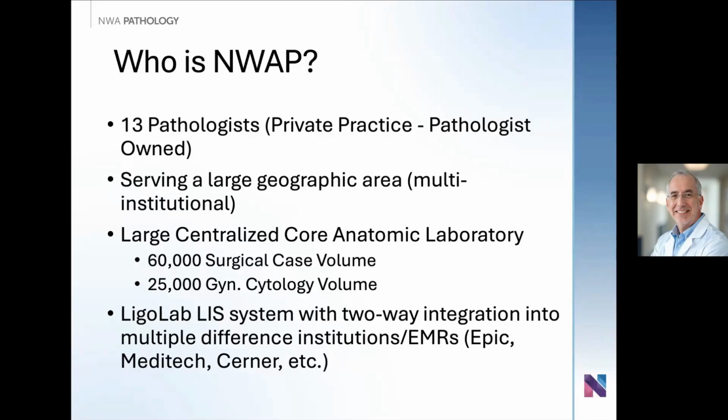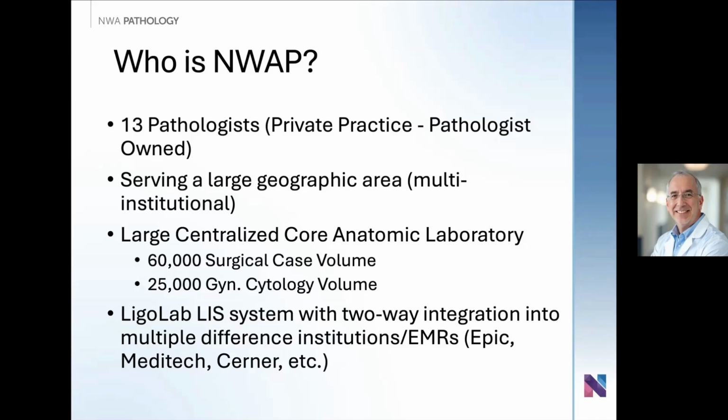We operate a large centralized core laboratory that serves multiple hospital systems and institutions across a broad geographic area. We're based in Northwest Arkansas, and our service territory extends into eastern Oklahoma and north central Arkansas. Our couriers travel as far as 1.5 to 2 hours one way. Our annual volume is approximately 60,000 surgical cases, and we process about 25,000 Gen Pap smears each year.